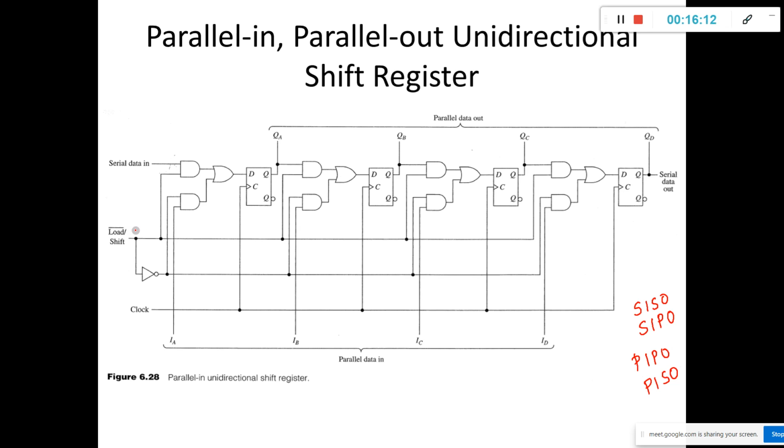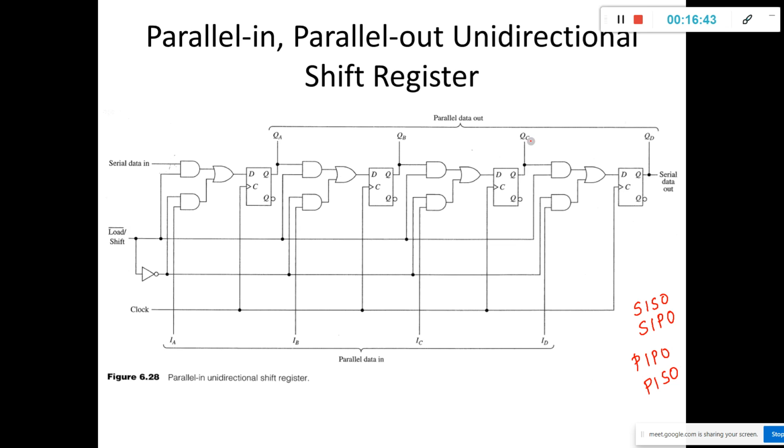Next, whenever logic 1 is applied to this load bar shift signal, the D flip-flops become a cascade connection and function as a unidirectional shift register providing the serial output. So parallel in serial out conversion of the information. By taking the outputs individually, we have parallel out.